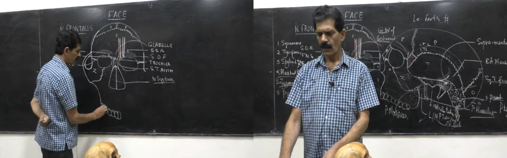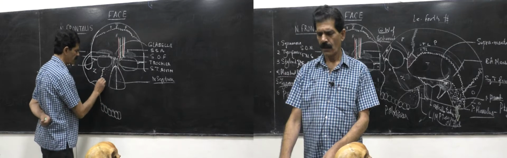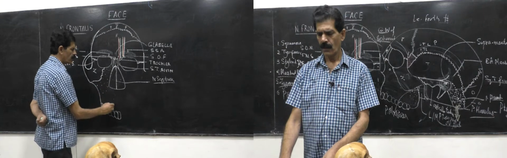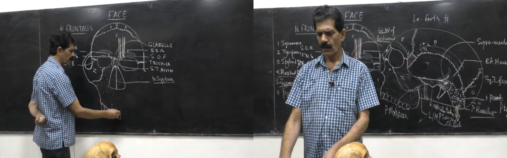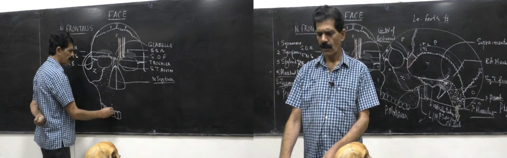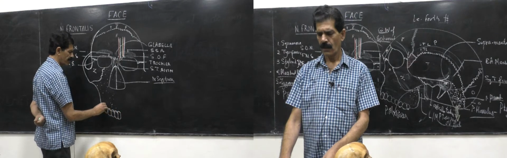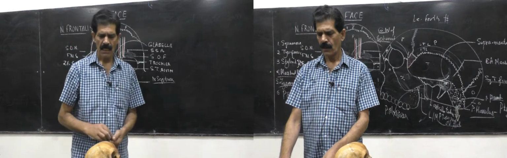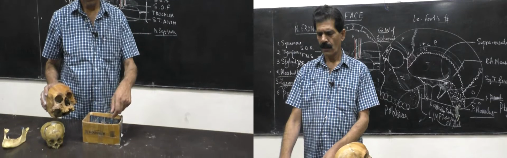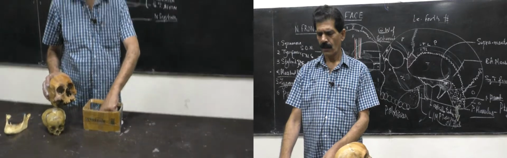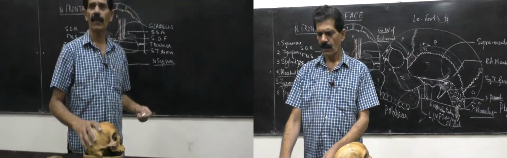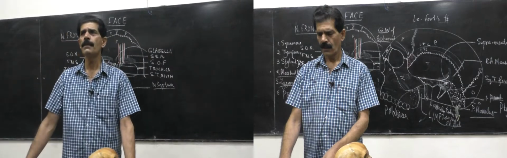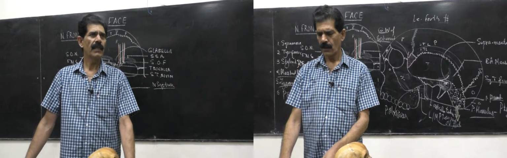In the lower part of this whole bone, the teeth are attached in sockets or pockets. These pockets are called alveoli, as in the alveoli of the lungs. Because of these alveoli, the lower border of the maxilla is called the alveolar border.